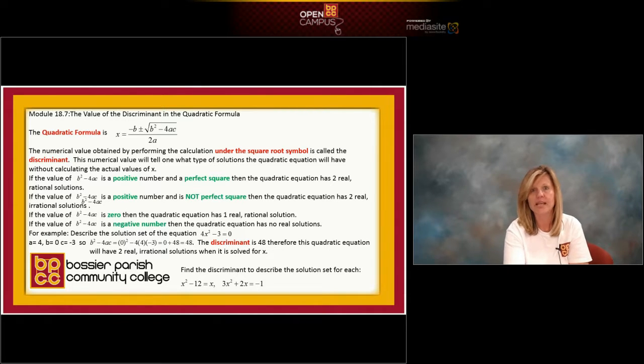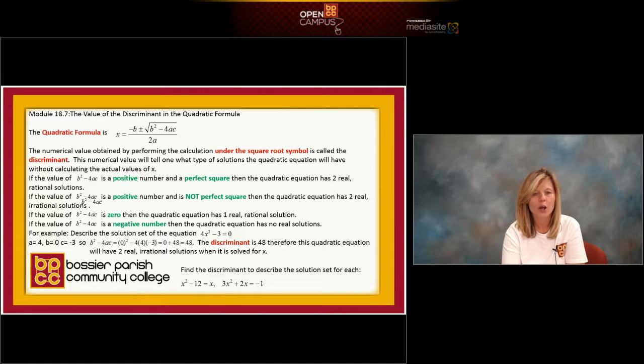So to work b squared minus 4ac, which is called the discriminant, first I need to know my values of a, b, and c. So let's look at our equation. A is 4. B is 0 because there is no x term. C is negative 3. Now let's work that part of the formula.